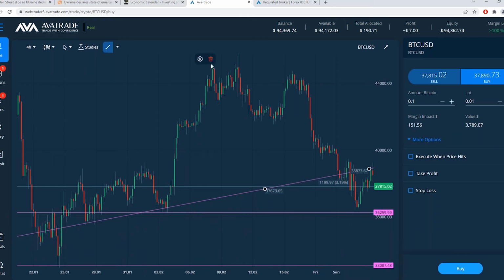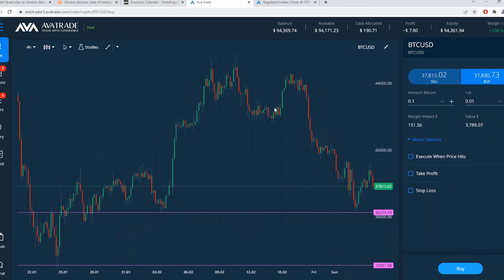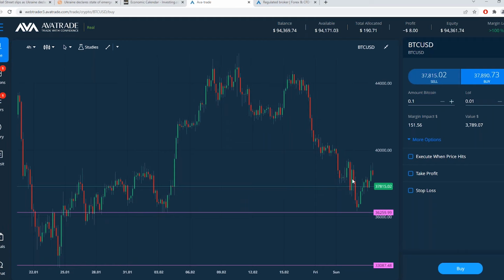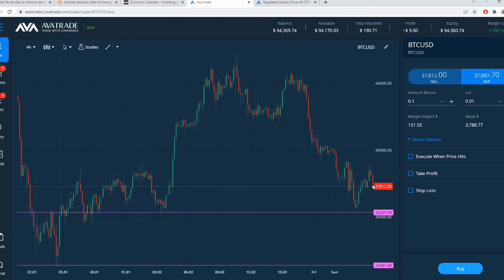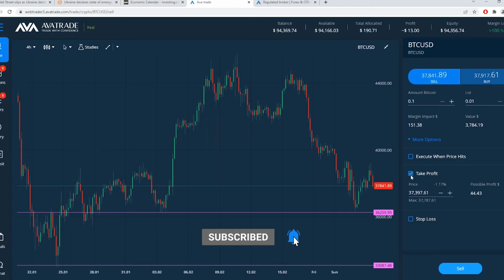So if we're looking at where Bitcoin is now, I could see easily this trying to test this support level again down here at 36,259. So that's over 1,000 points down. So let's say I wanted to sell on this with the fear that's going on, and let's say I want to do a market sell. My take profit I can put down here at 36,270, let's say.